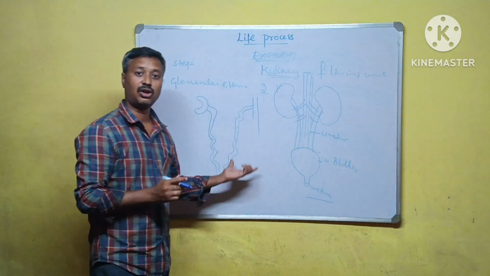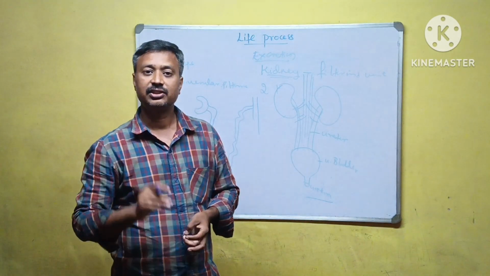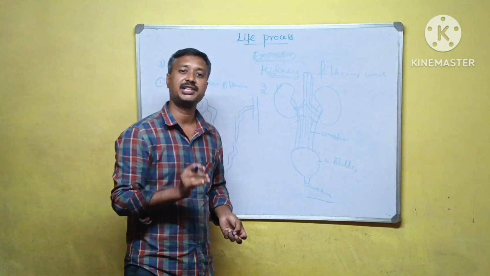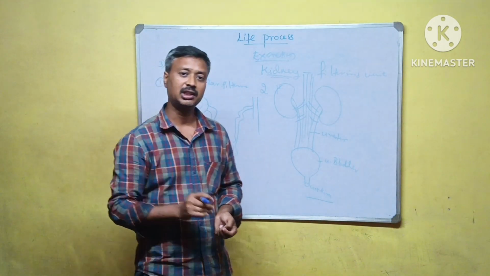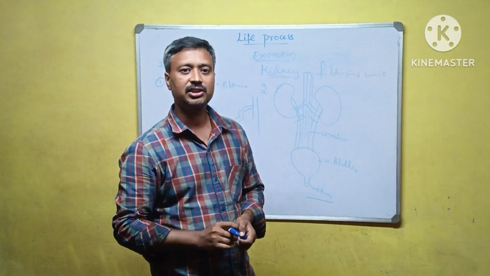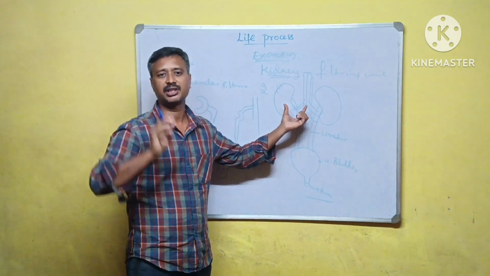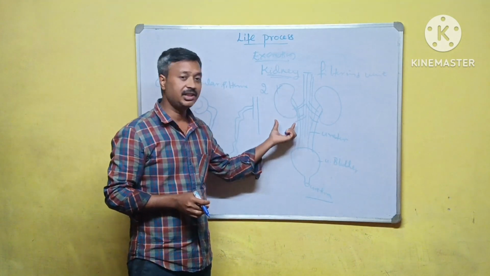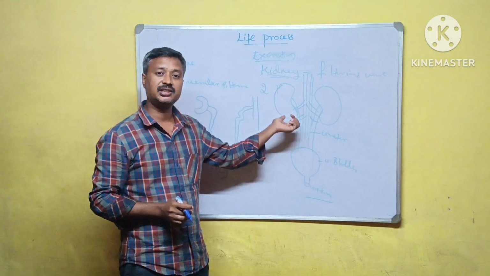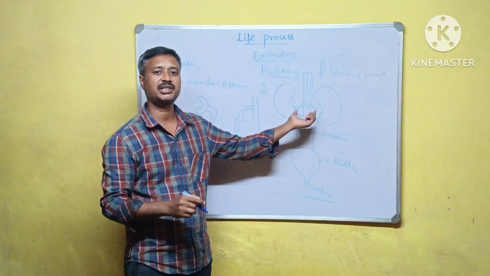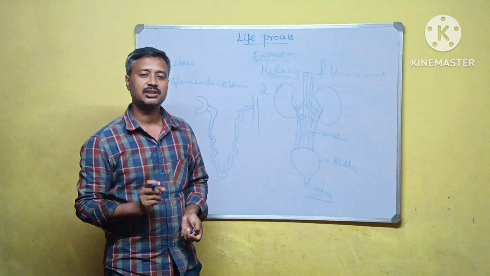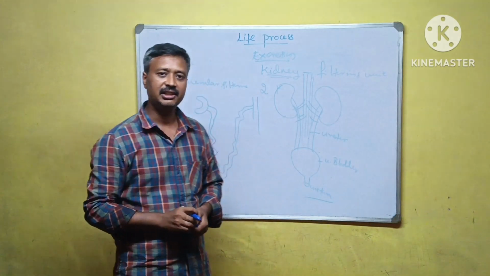It is called the nephron. The nephron is the structural and functional unit of the kidney. One more question: what is a nephron? In the kidney, millions of nephrons are there. Kidneys are made up of nephrons. Hence it is called the structural and functional unit of the kidney.